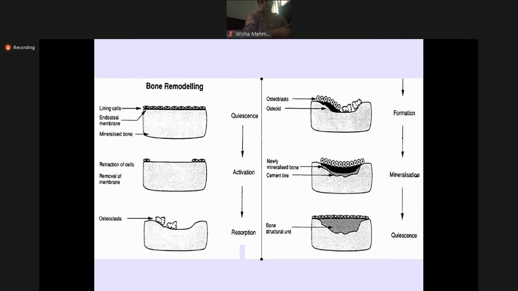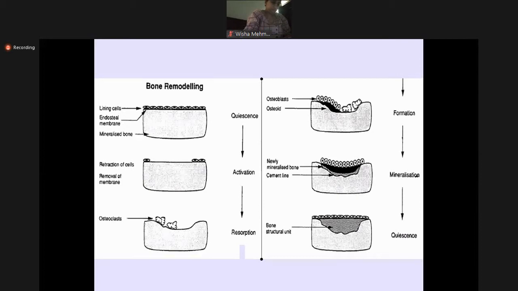So what is the sequence of events which occur during bone resorption? The citric and lactic acid released from the osteoclast cause the acidification of the area and decrease the pH to 4.